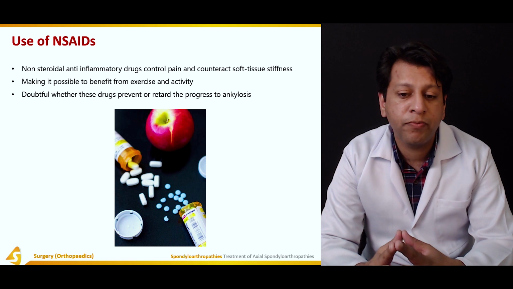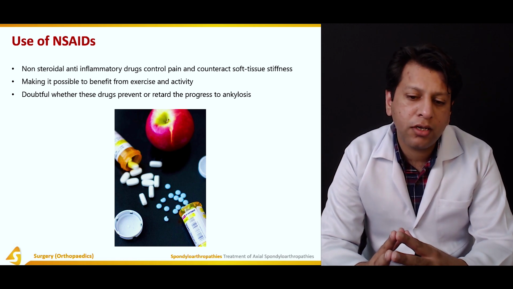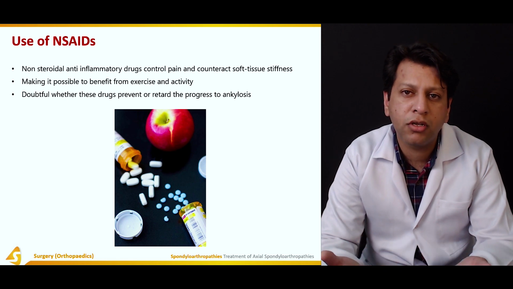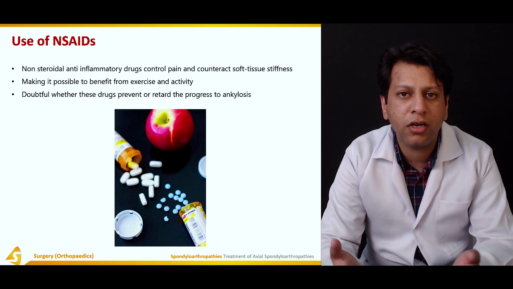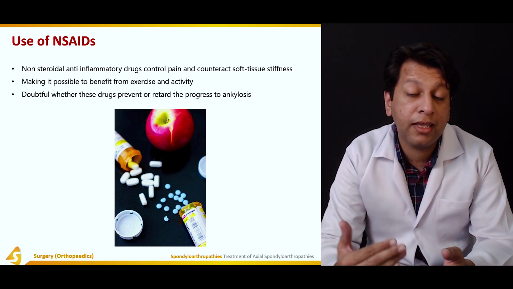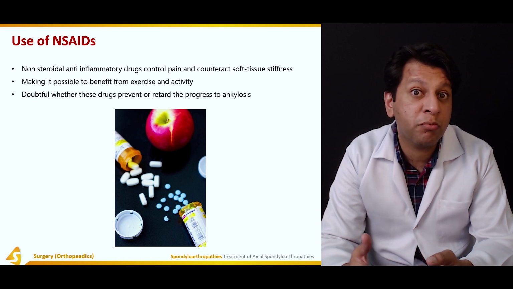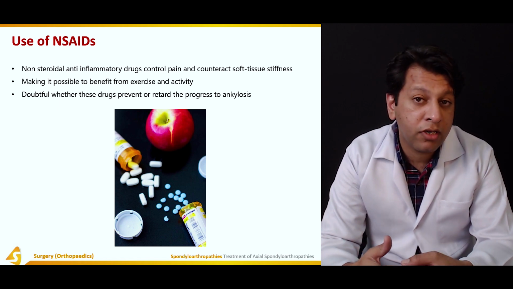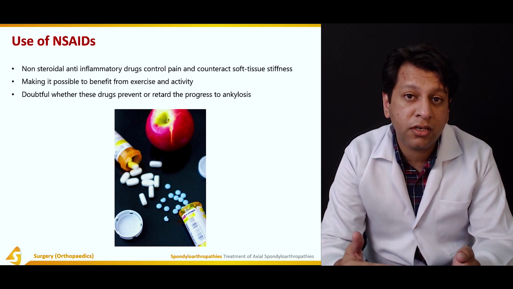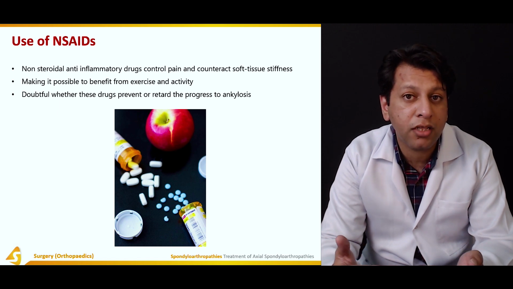Is it an early stage where yes, you can give them NSAIDs, make them pain-free and ask them to exercise and carry out their daily activities so that they would be okay with simple painkillers? Are they at a stage where they need something more than painkillers, that is TNF inhibitors, or is the stage of the disease such end stage that they would probably benefit best from having a surgery rather than medical therapy?